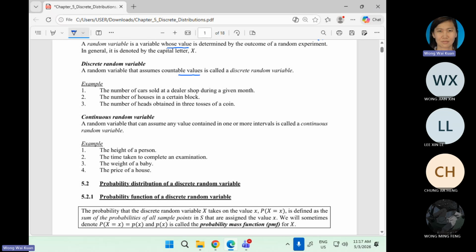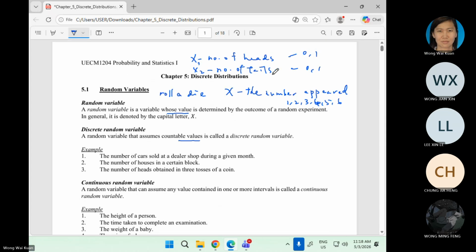A continuous random variable can assume any value contained in one or more intervals. The height of a person is one example, the time taken to complete an exam, the weight of a baby, the price of a house. All these are examples of continuous random variables. Okay? Now, all these, do you think they are discrete or continuous?